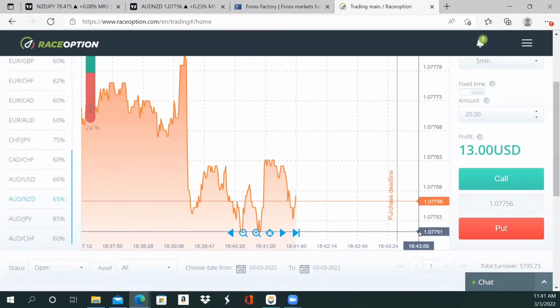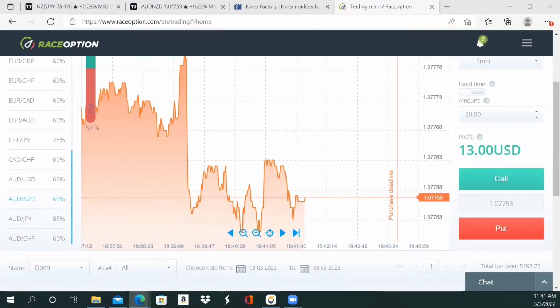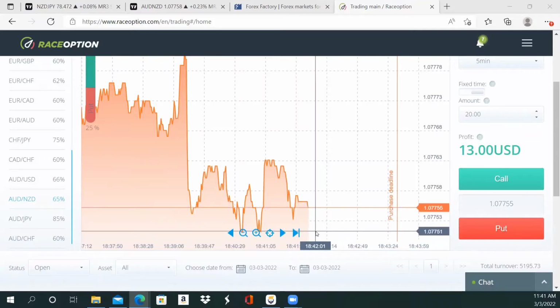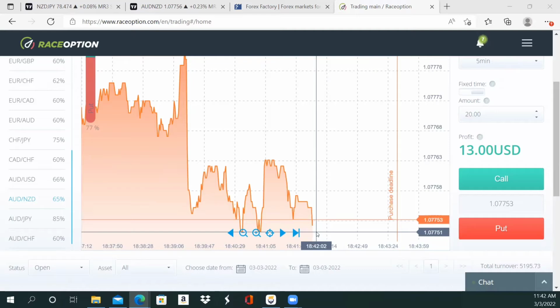See what it does. Even though we didn't get this level here, which there's a chance would be clearing it, because of that indecision candle I didn't want to take it, because it could just disrespect it.